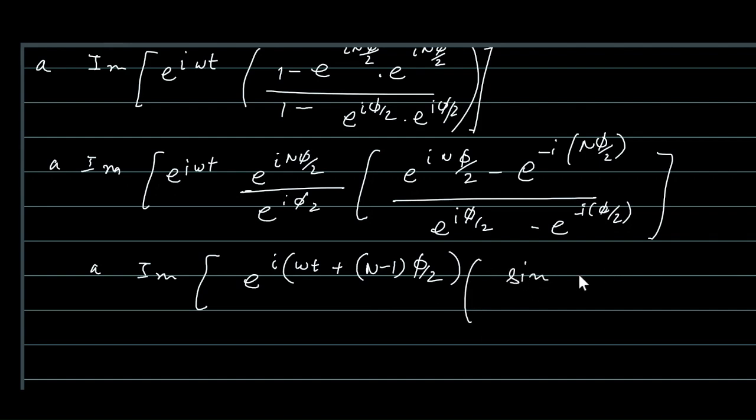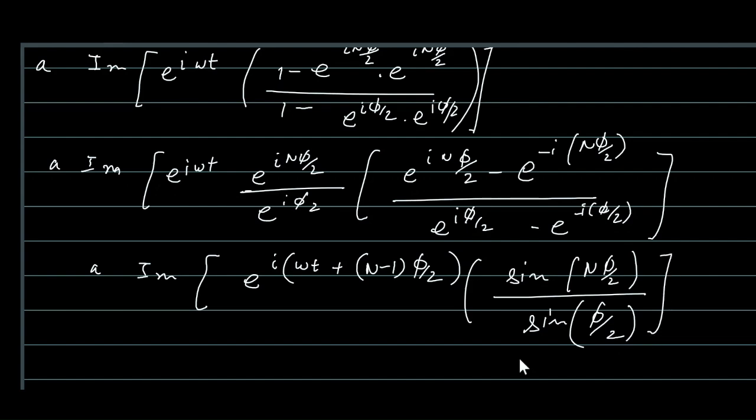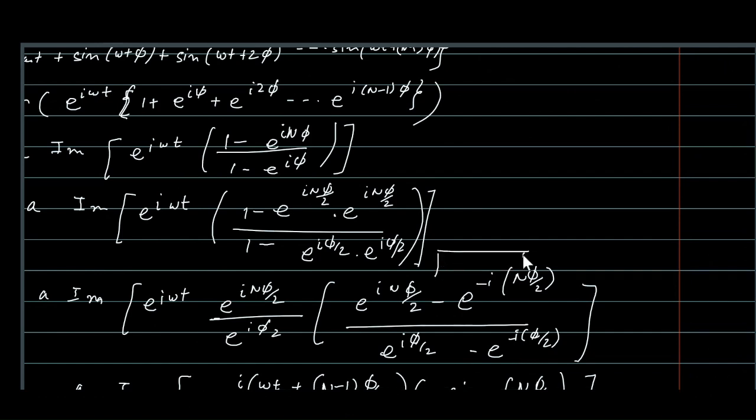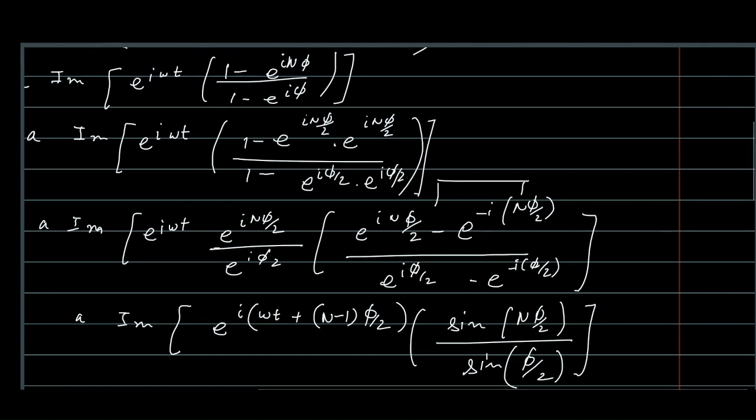sine n phi by 2 over sine phi by 2, right? Because the addition of these two Euler forms will yield us sine n phi by 2, and the addition of these two Euler forms will yield us sine phi by 2.